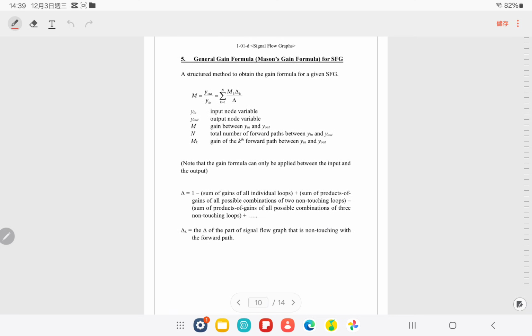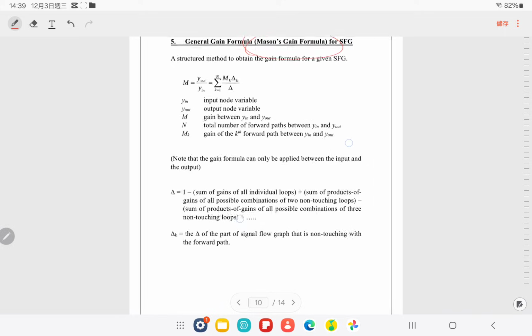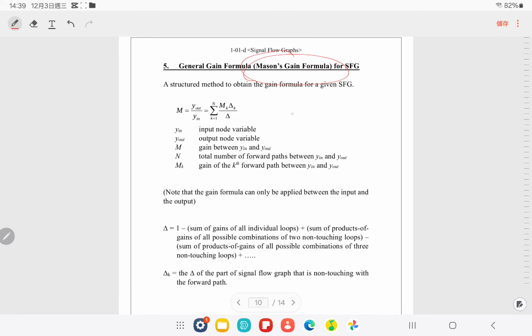Right, so we go to the Mason's gain formula. I just tell you, this is very, very important.